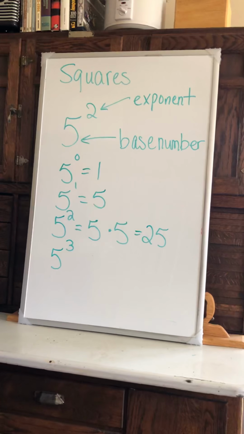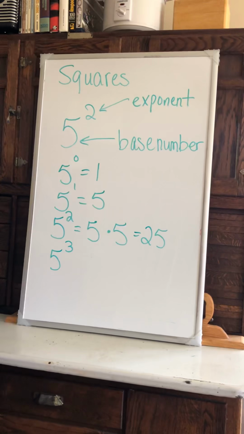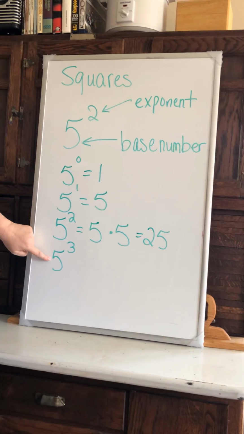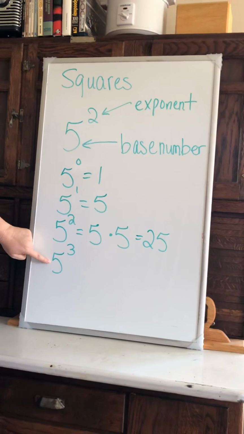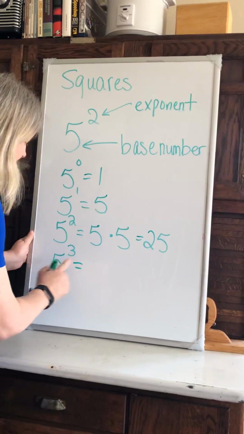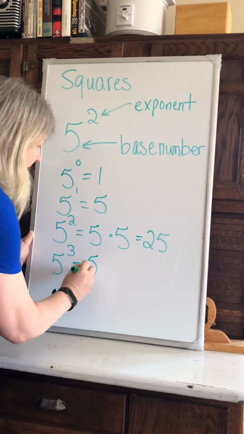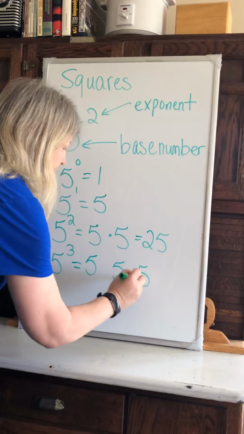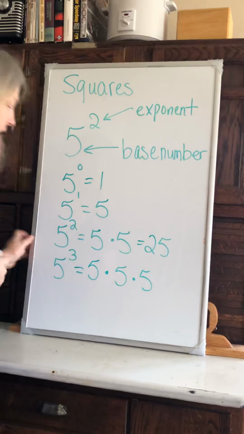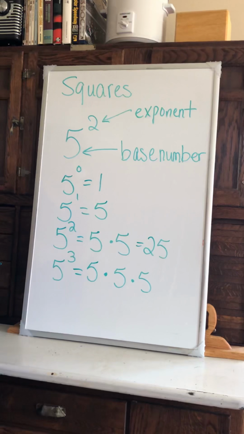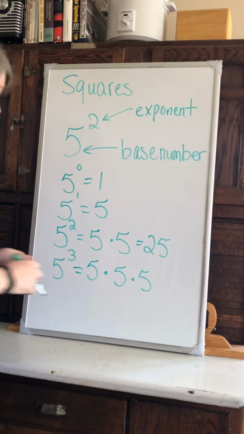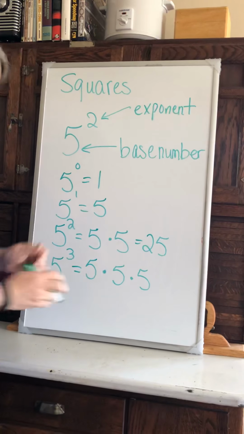There's 2 different names for this one: 5 to the third power, or you can call it 5 cubed. So you're going to take the 5, write it 3 different times, put a multiplication sign in between it. 5 times 5 is 25. Then 25 times 5 is 125.